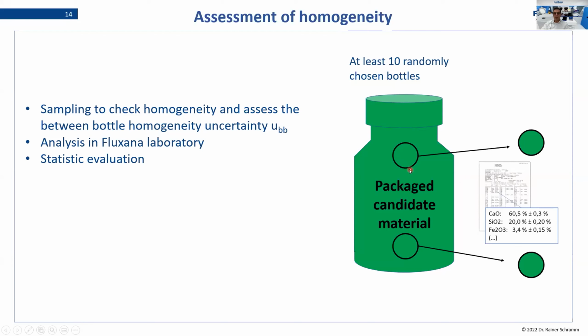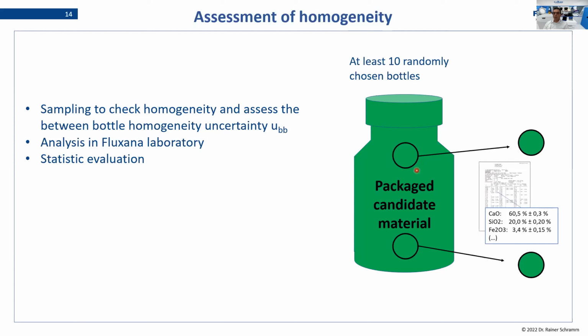This is important to make sure that the material shows a homogeneity which is not giving too much error to the total error. Otherwise, the error of the material in the end will be so high that it's not small enough to do a calibration, because you always have to think about when you use a certified reference material to calibrate a method, the material comes already with an error, and the error in your calibration cannot be smaller than all the errors summed up from the reference materials you want to use to calibrate.